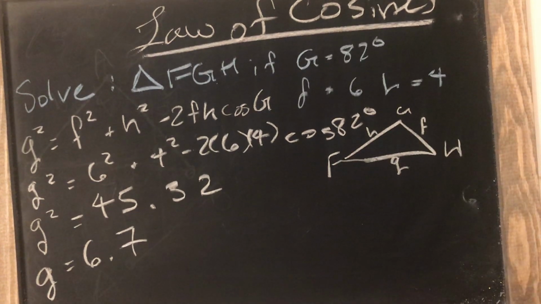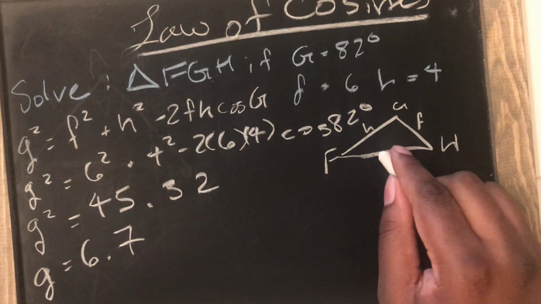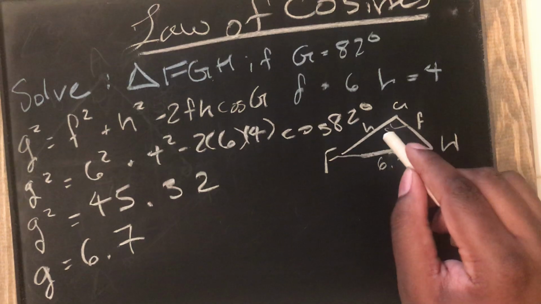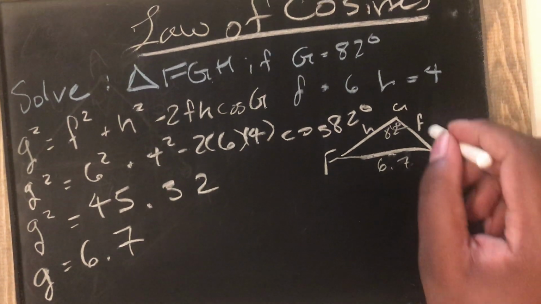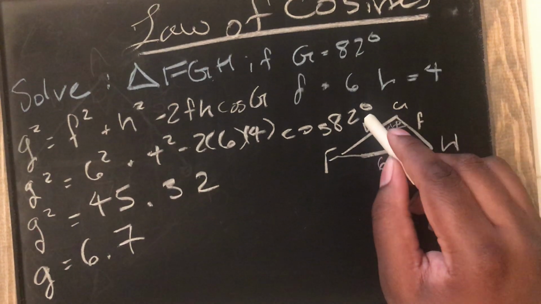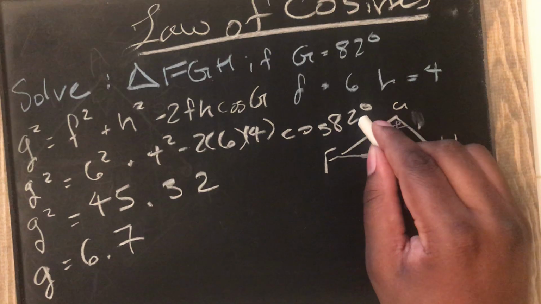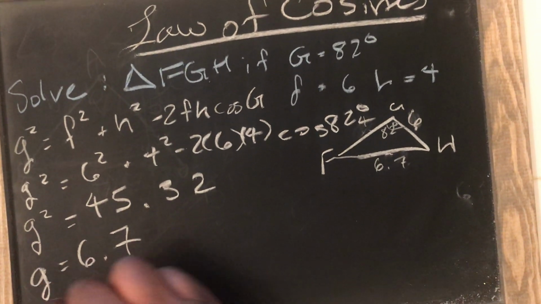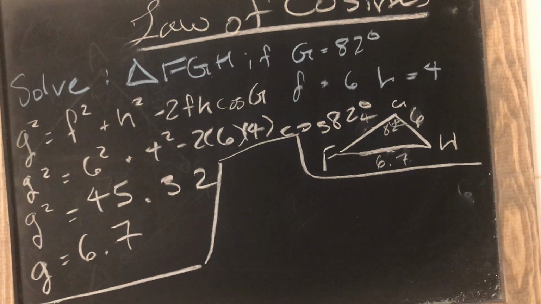We now know that g is 6.7 and that big G is 82 degrees. So we can just use the law of sines to find one of the angles. How do we do that?